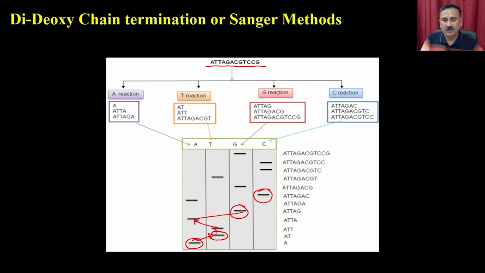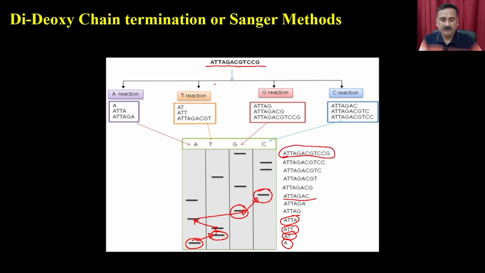When you interpret this, you are going to walk like this, okay? And that's how you are going to get first A, then AT, then ATT, then ATTA. So that is what you are going to do, and that's how you are going to get the complete fragment, or the sequence of the DNA you started with, okay?